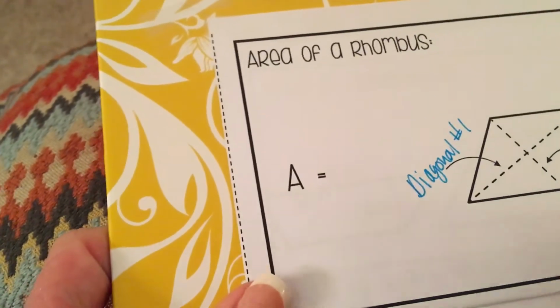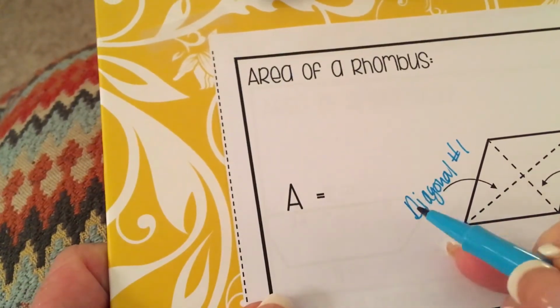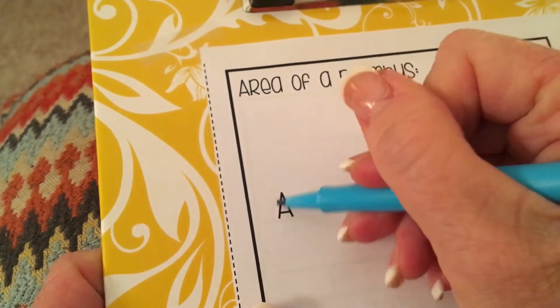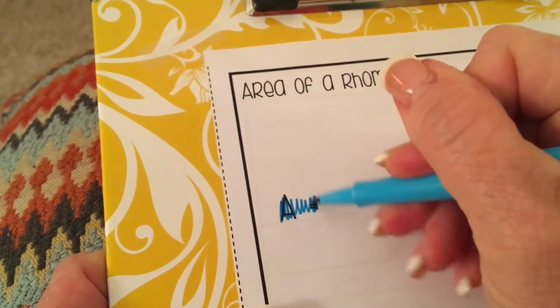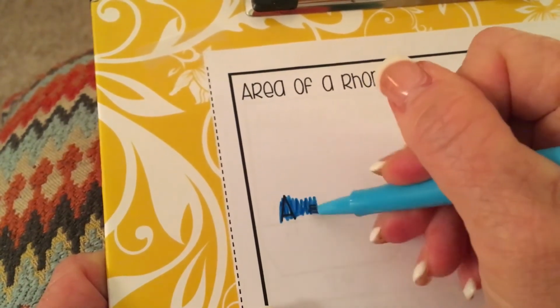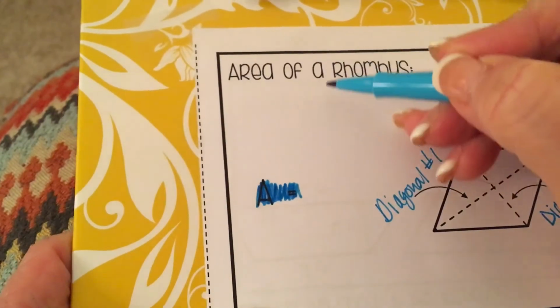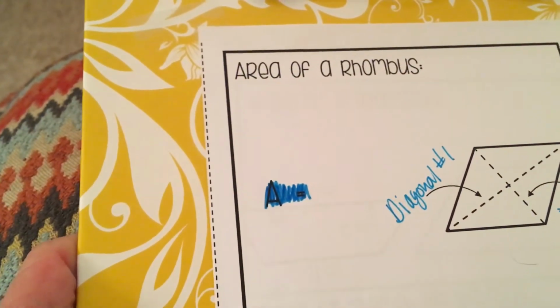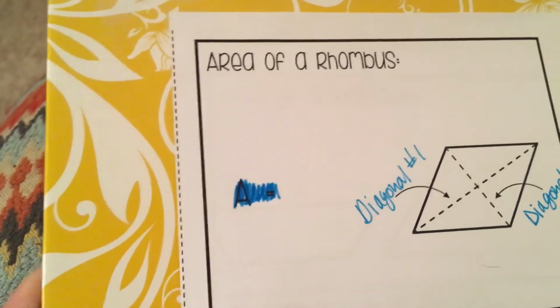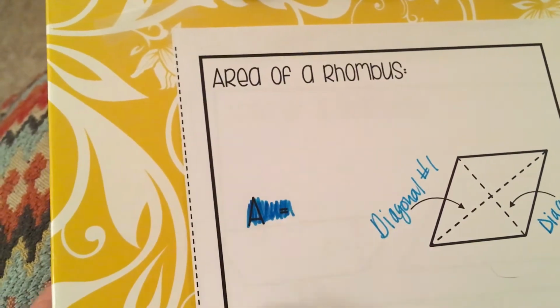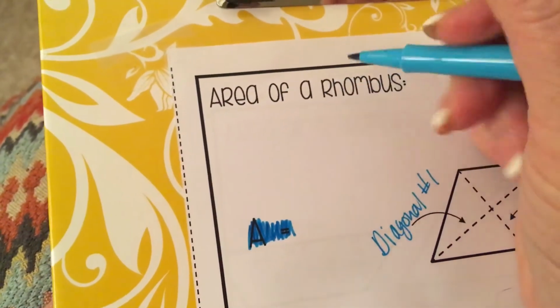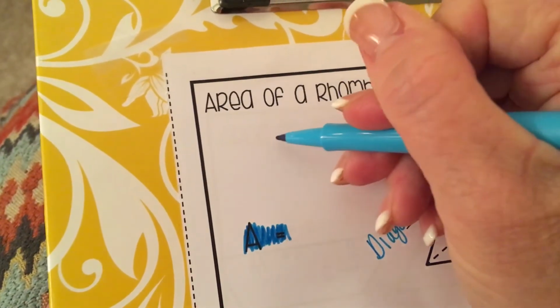So, especially if your writing's big, mine's kind of big, I'm probably going to run out of room if I write my formula here. Remember when we're working with geometry and formulas, we want to end up with everything lined up. We learned algebra first, so we could use algebra to solve these geometry formulas. So here's the formula for the area of a rhombus.